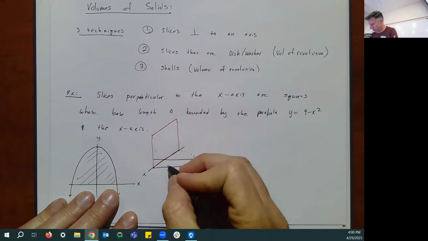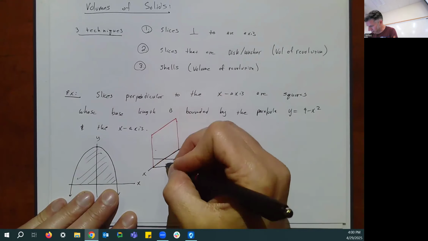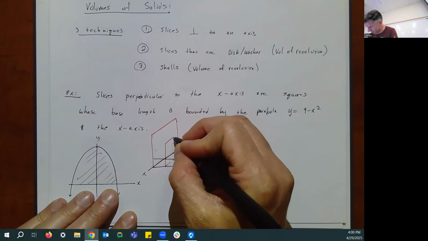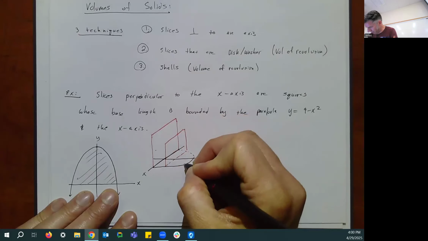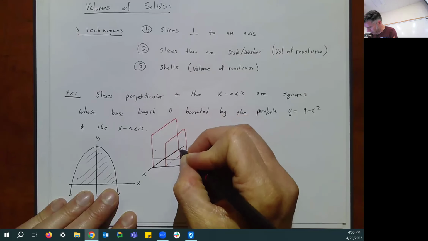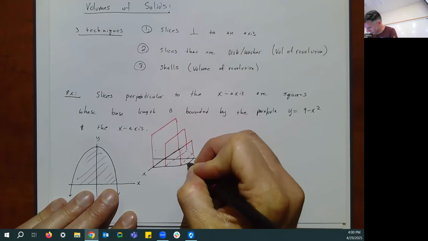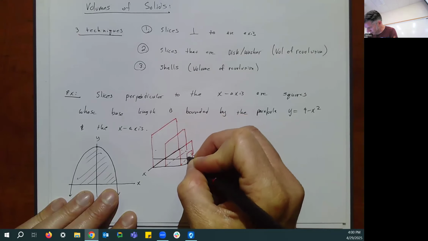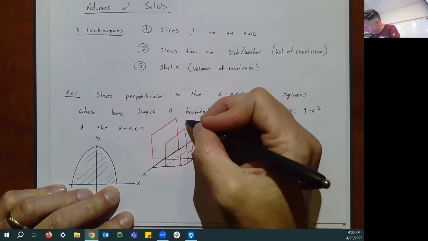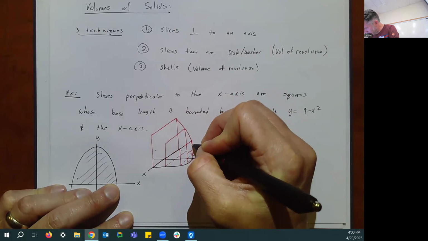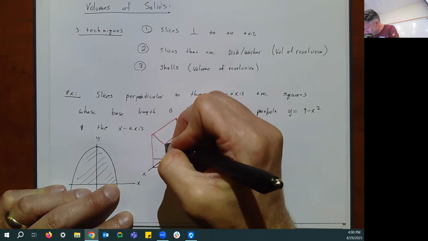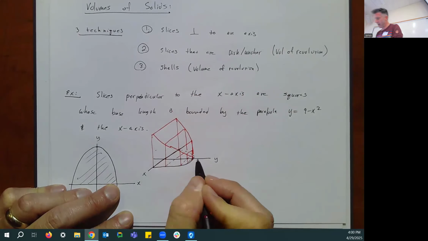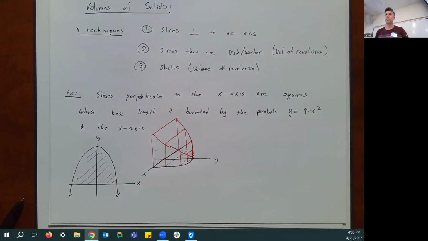And then if I move a little bit over, that square has a smaller base. Move a little bit further over, even a smaller base, until we get very close to the very end here. So the idea is we're trying to find the volume of that solid, where the base region in the XY plane is that parabolic thing.